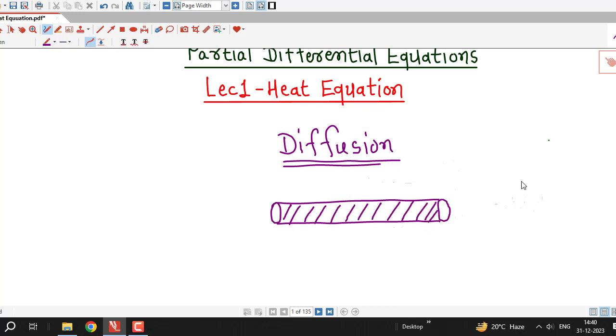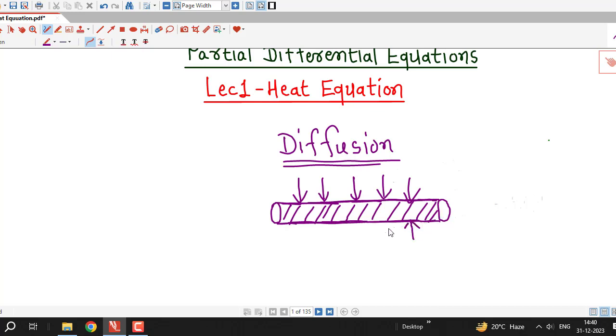Here it is assumed that there is no flow of heat through this surface, that this metal bar is made of a material which is impervious to heat outside that part.